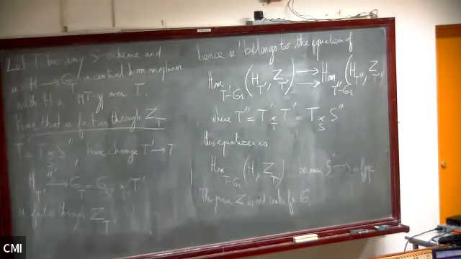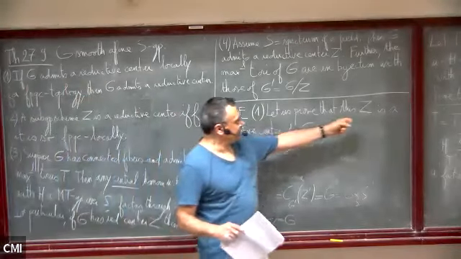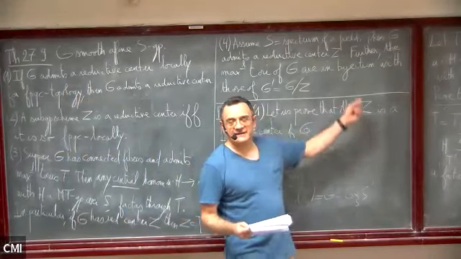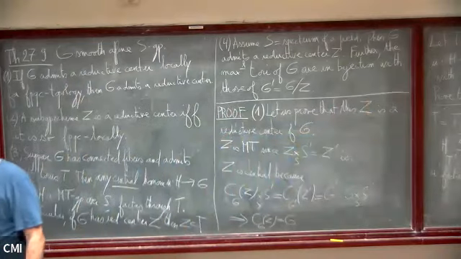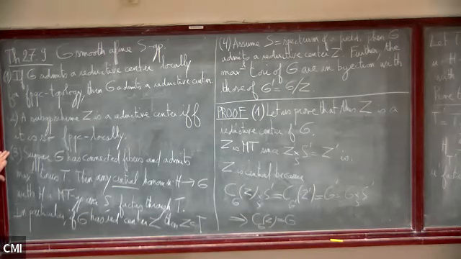And 2 is a special case, because the proof of 2 is contained in the proof of 1. Actually, the proof starts here. So if we have a Z such that the group obtained by base change is a reductive center, that Z already is a reductive center. Okay, and 3 and 4 we'll see next time.